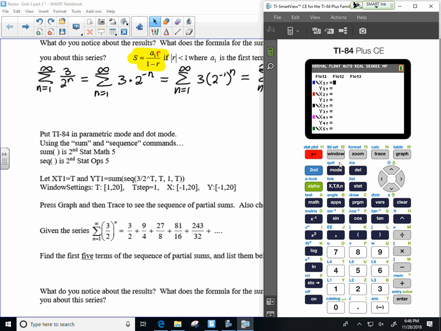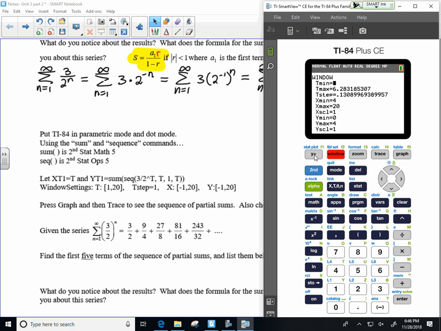But I think more importantly, when you go into your window, you see t min, t max, and t step. You see x min, x max, y min, y max like you have everywhere else. But specifically, t min and t max, and also very important, the t step. We'll adjust that in a second.